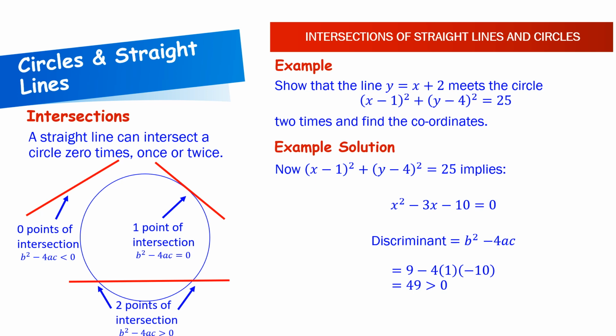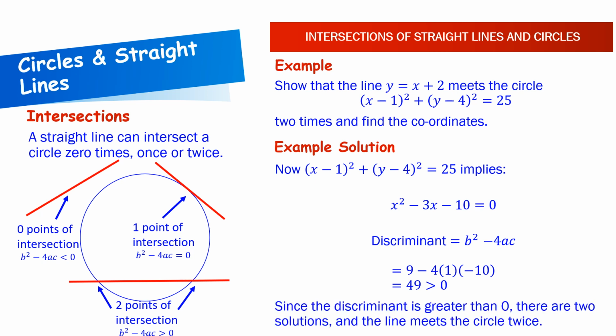This equals 49. Now, since the discriminant is greater than 0, there are 2 solutions, and therefore the line meets the circle twice, as shown.